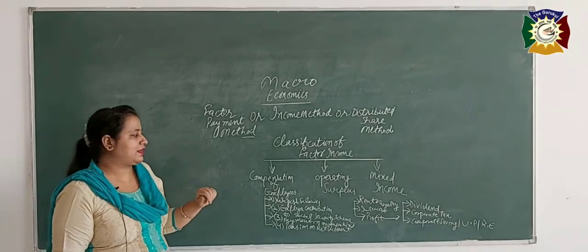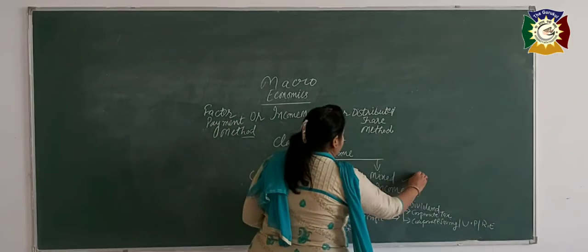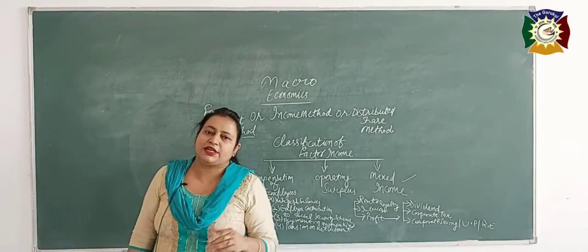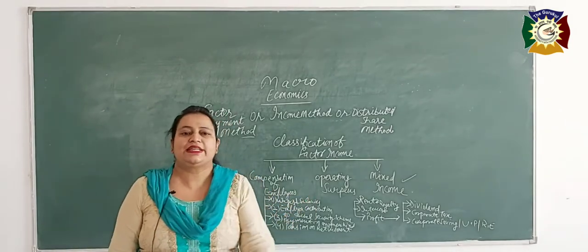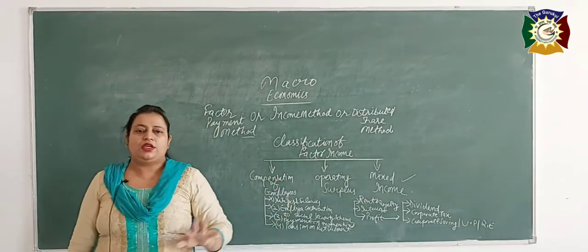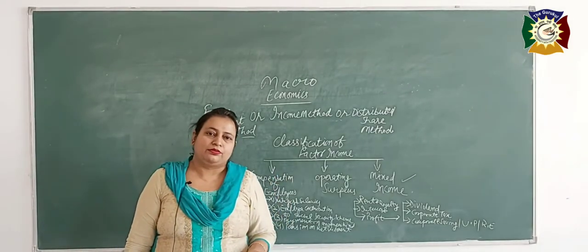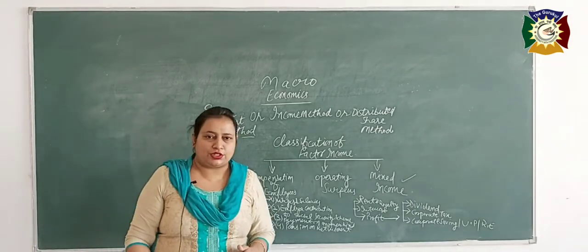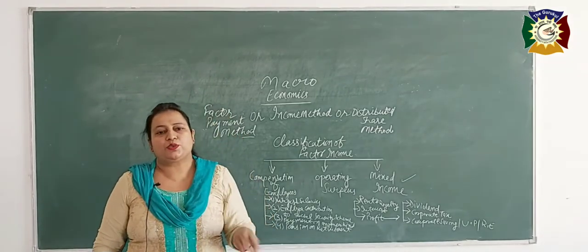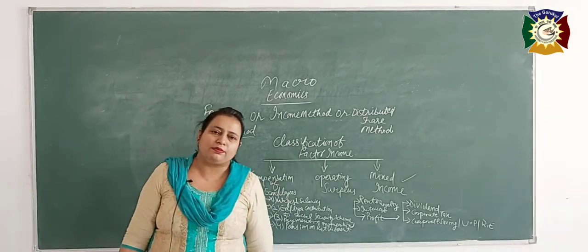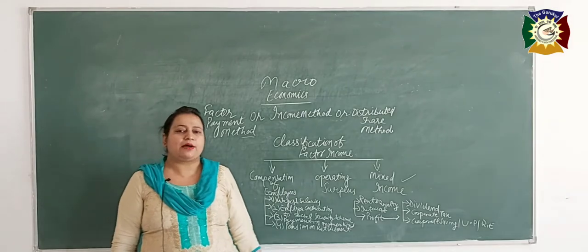And next is mixed income. Mixed income means milli-juli income. For example, a person is working in a school, he is getting salary. At home he is giving tuitions, he is also getting money. Maybe he is working on any other site, or his property is with him and given on rent. So such type of income is known as mixed income.